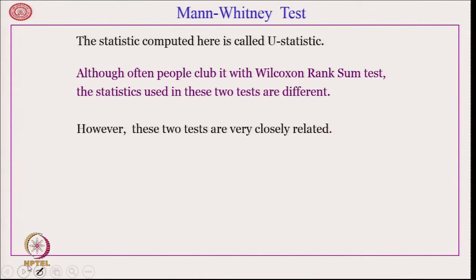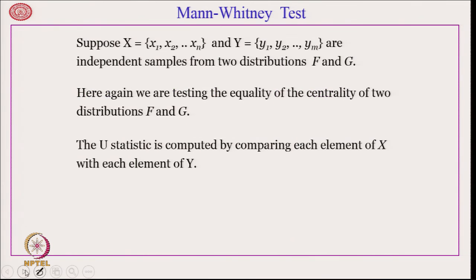Often people club it with Wilcoxon rank sum test, and in some literature you may find people are calling it Wilcoxon Mann-Whitney test, but you have to remember that these two tests, rank sum test and Mann-Whitney U test, are slightly different, although they are very closely related.